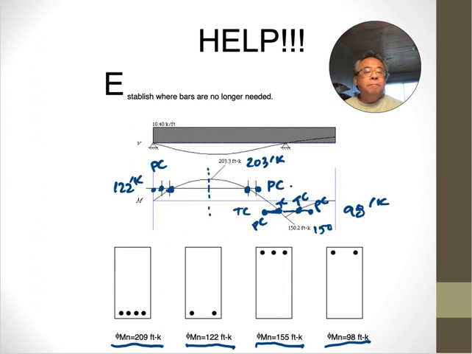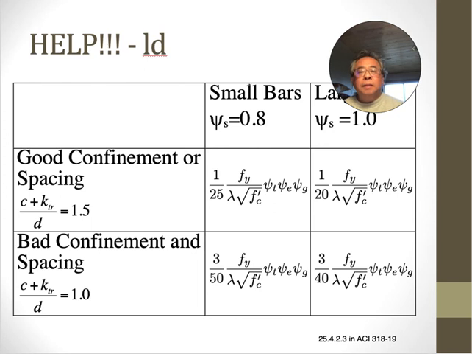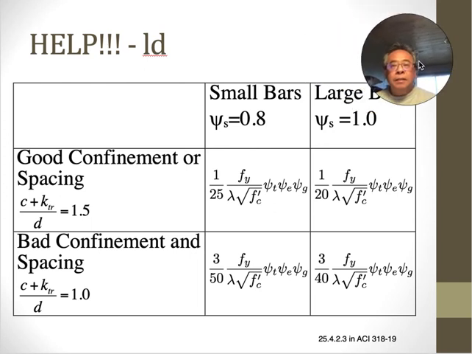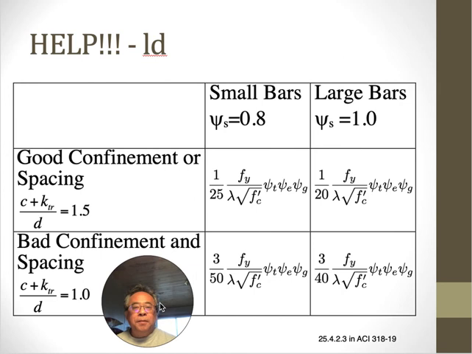Okay. And this is what we spent all those lectures developing. This will tell you, remember, this is LD divided by bar diameter. So it'll be this number that you calculate times the bar diameter. So you calculate the development length.